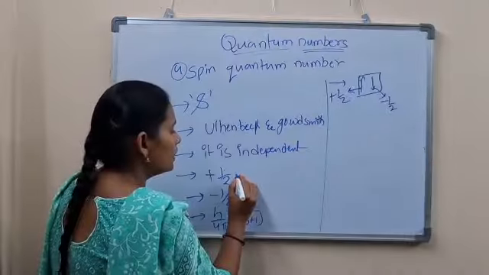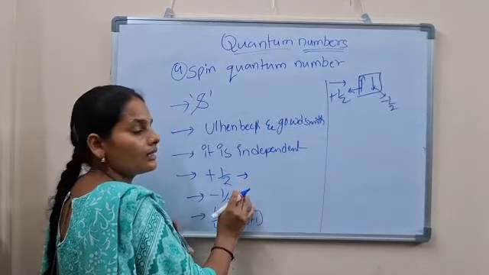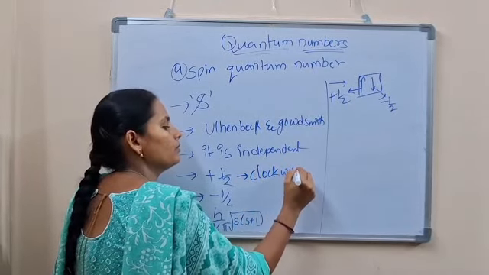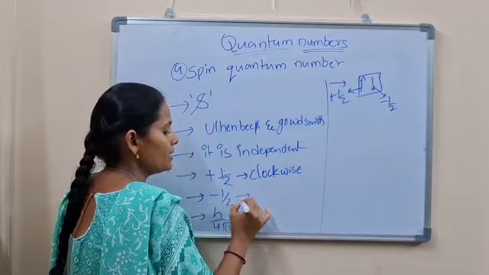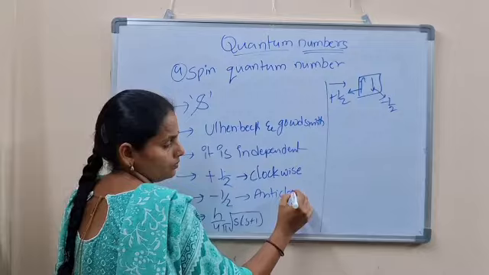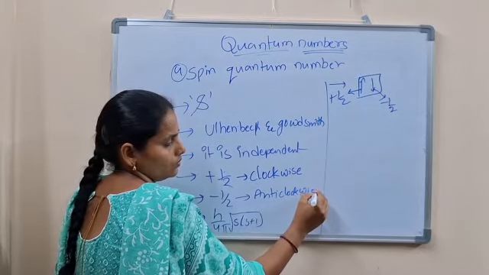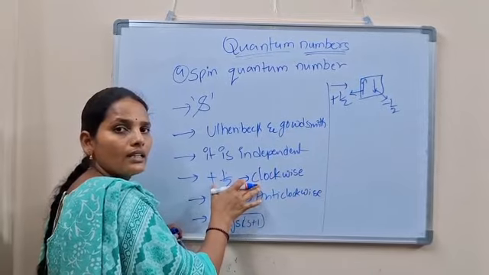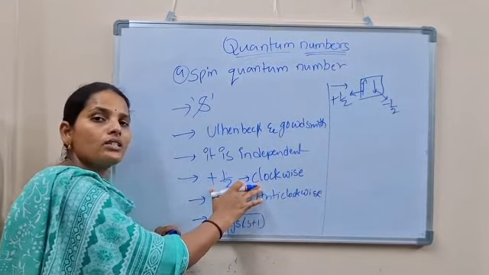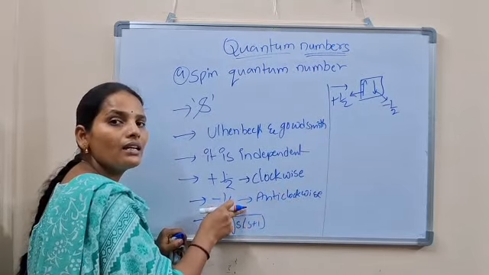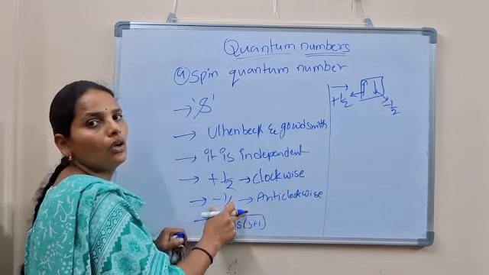Okay, here this plus half is the clockwise spin, minus half is the anti-clockwise spin. For clockwise direction it is expressed as plus half, for anti-clockwise direction it is expressed as minus half.